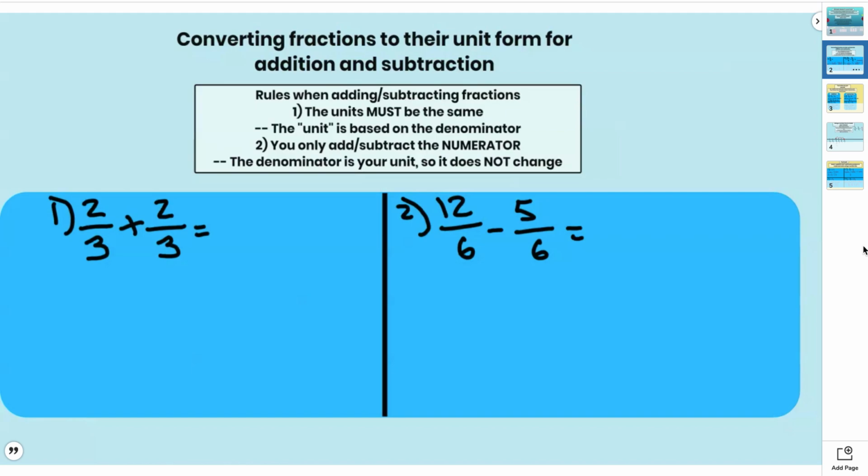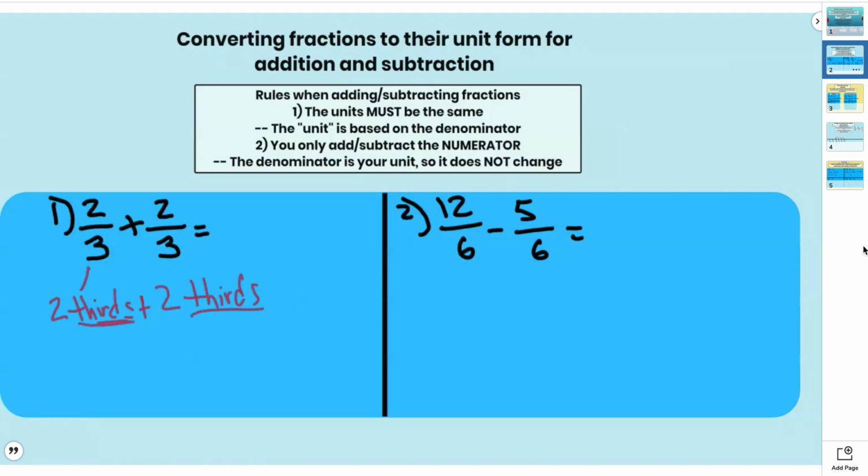So let's get started. We have 2/3 plus 2/3. We're going to change each of these values into their unit form. So here we have 2 based on our numerator, thirds based on our denominator, plus 2, which is our numerator, and thirds as our denominator.